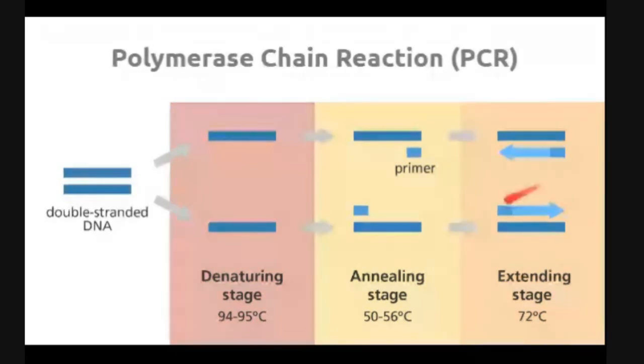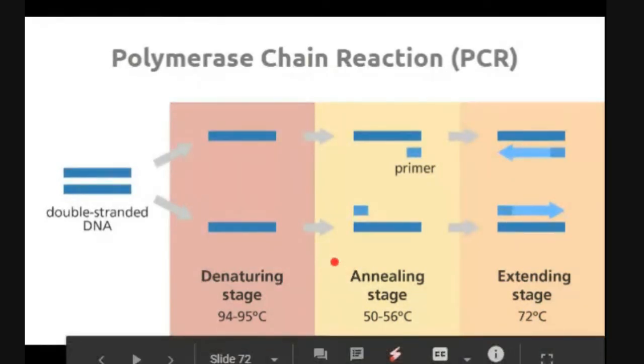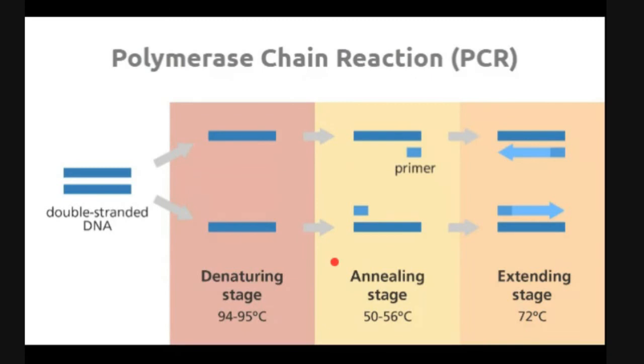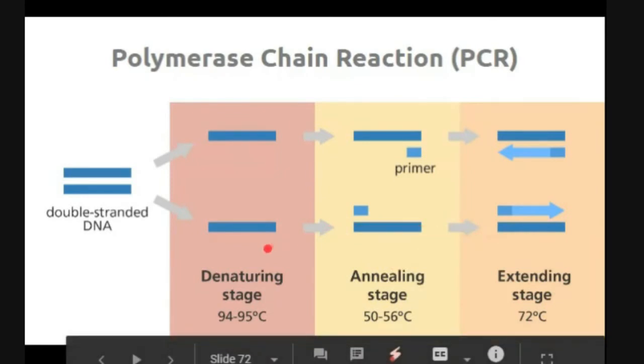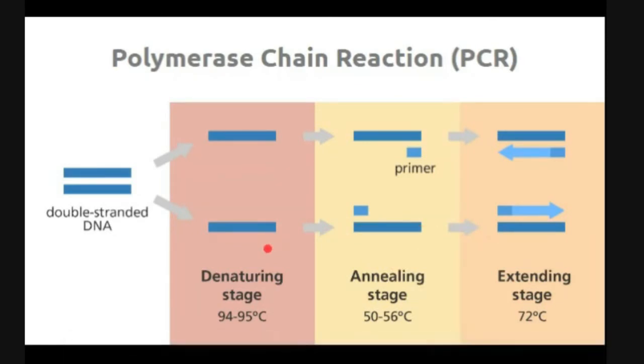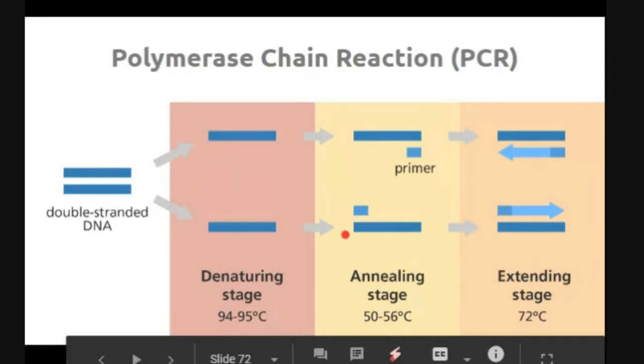Okay? So, baka tanungin niyo, bakit iba-iba yung temperature for each stage? Dahil some enzymes, they act at optimal in certain temperatures. So, for example, yung primers mo, optimal sila at this temperature.